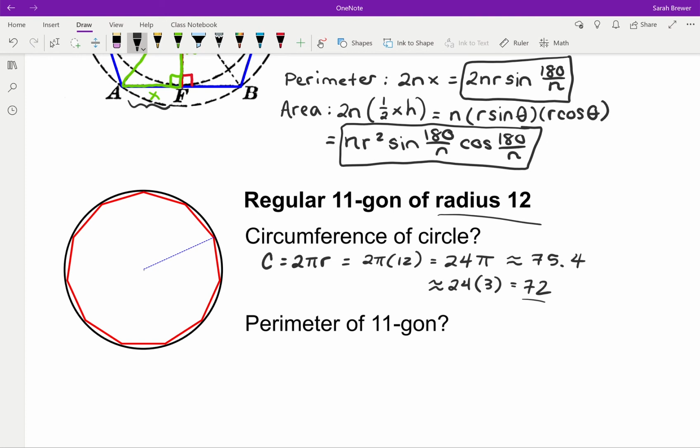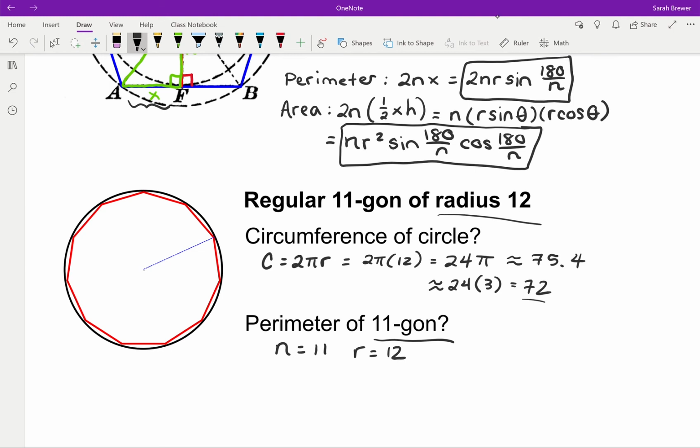All right, so let's see how this thing is going to work. Well, if we have an 11-gon, our n is going to be 11. If our radius is 12, we're going to plug 12 in for r.